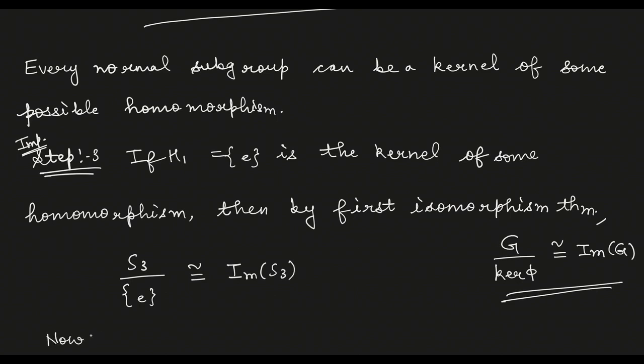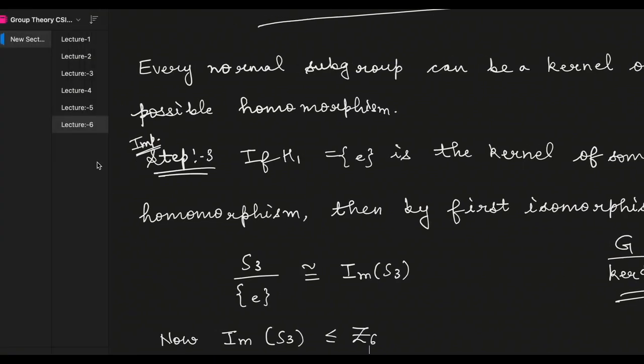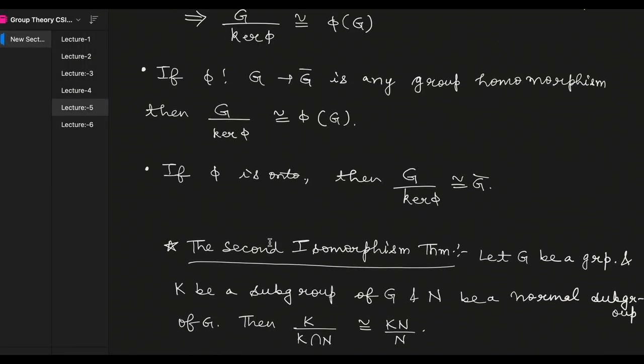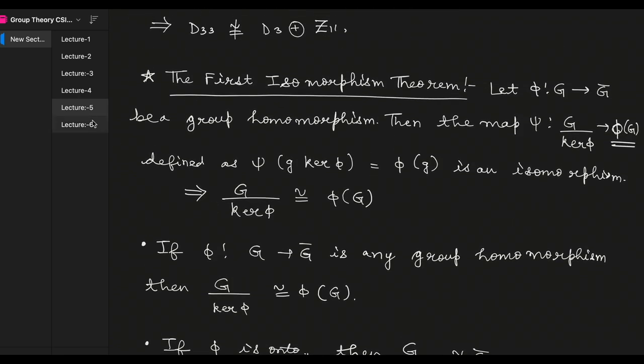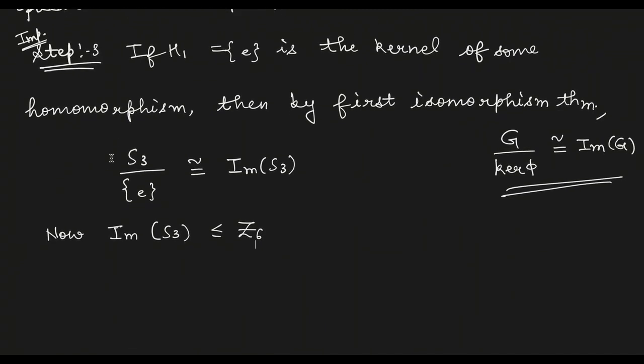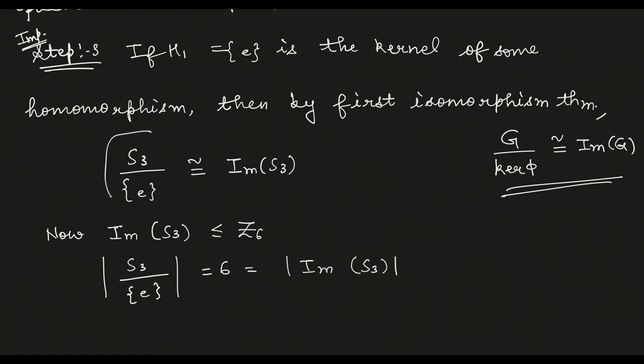Now image of S3 will be a subgroup of Z6, and the order of S3 by identity is 6, and the order of image of S3 will also be 6, because we are taking that this is isomorphic to this.